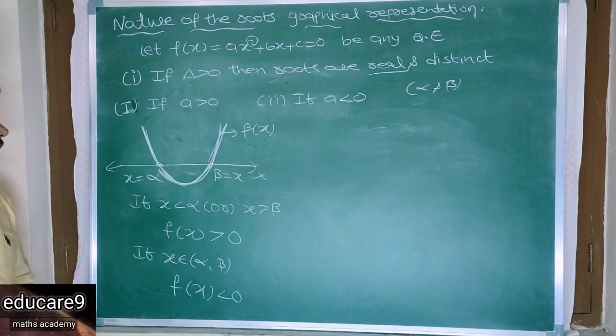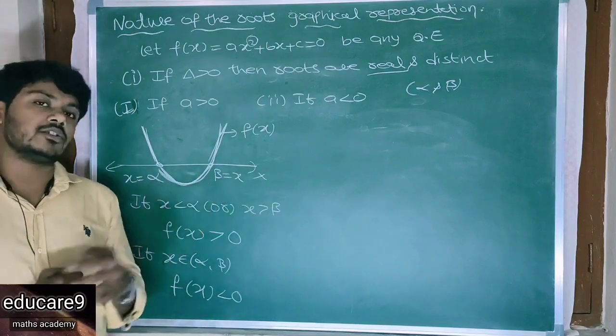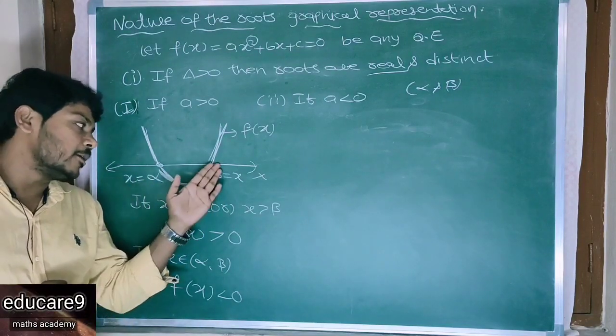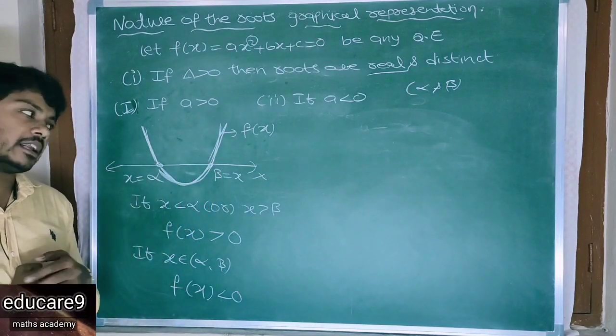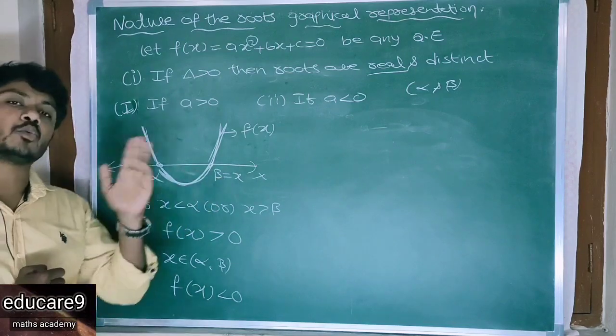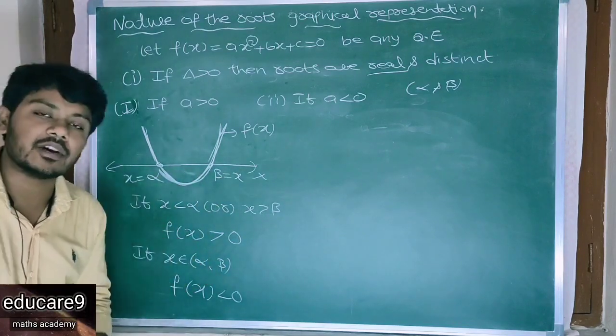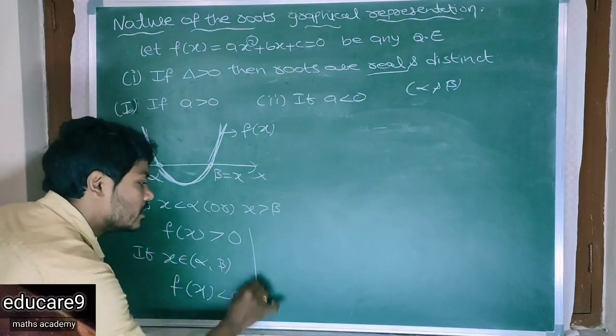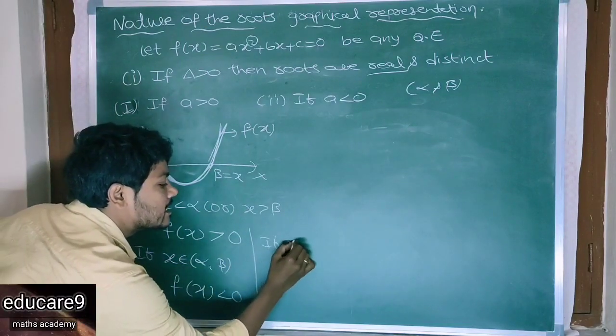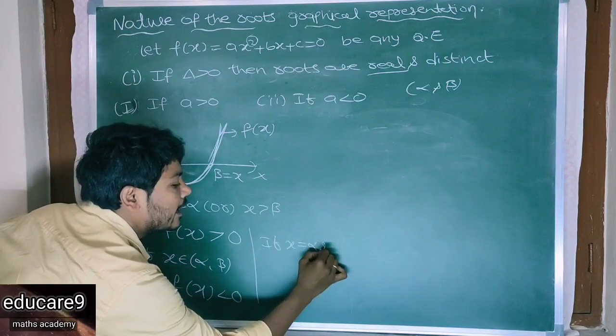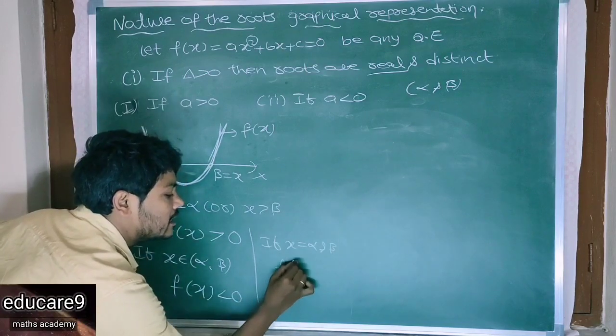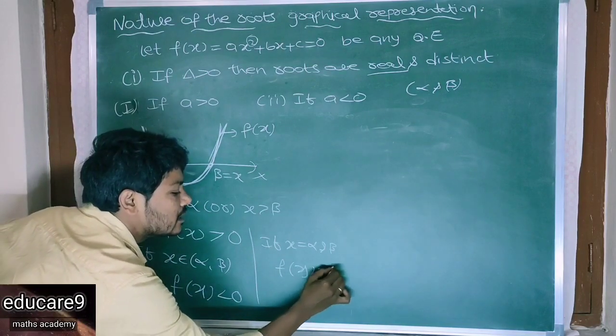And the last one: at x = alpha and at x = beta, the given graph touches the x-axis, so clearly alpha and beta are the roots. That is, the f(x) values are 0. So if x = alpha or beta, in that case f(x) is 0.